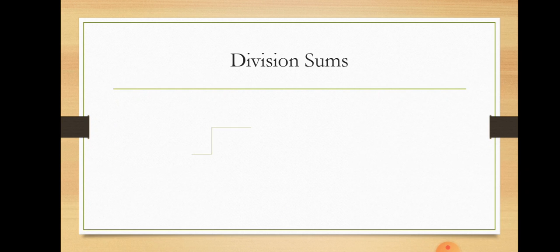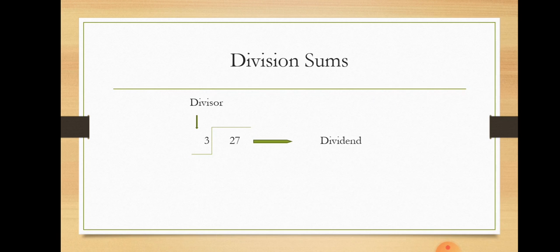Now in division sums, see, this is a division sum line. And children, whatever number you divide, that is called the dividend.